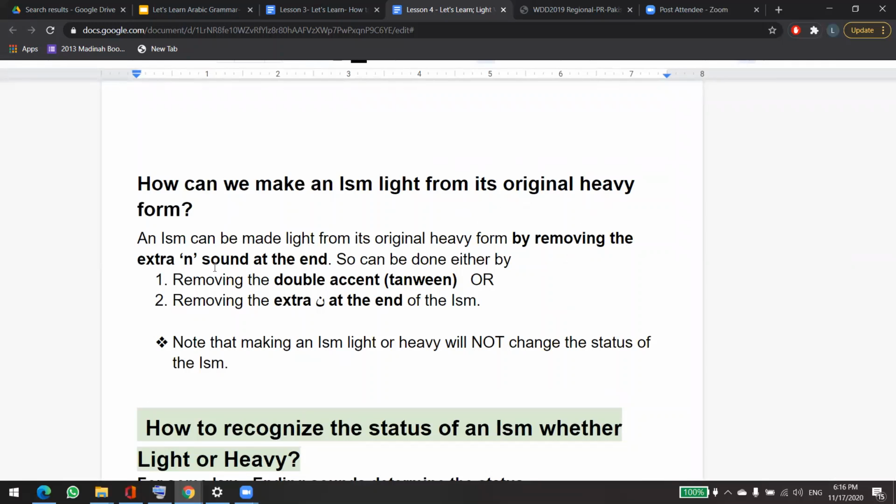Keep in mind, extra noon sound at the end. Like when you have tanween, you have 2 dhamma, so you remove one dhamma. So you remove the sound at the end, or you remove the extra noon at the end of the ism.